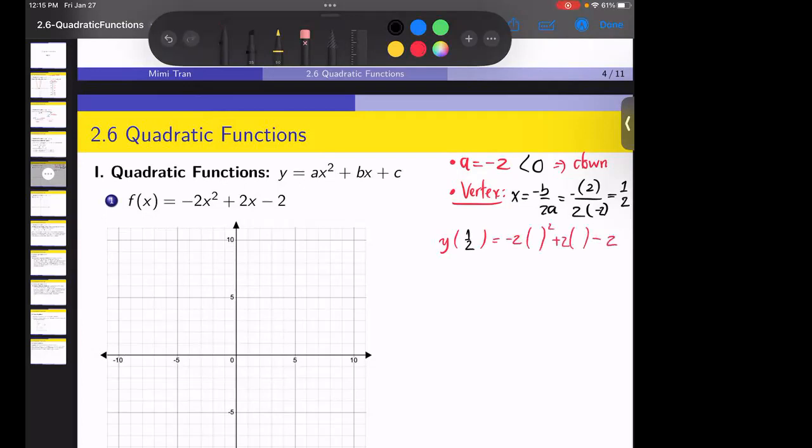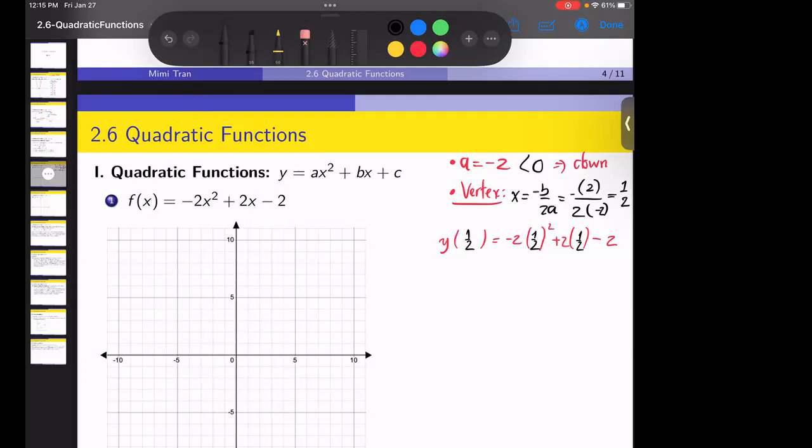By the way, if I make a mistake, let me know, so that I don't accidentally record it. 1/2 squared is 1/4, divided by 2 is a negative half. 1 minus 2 is negative 1.